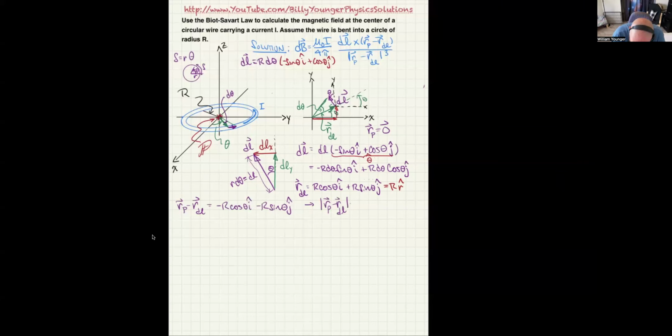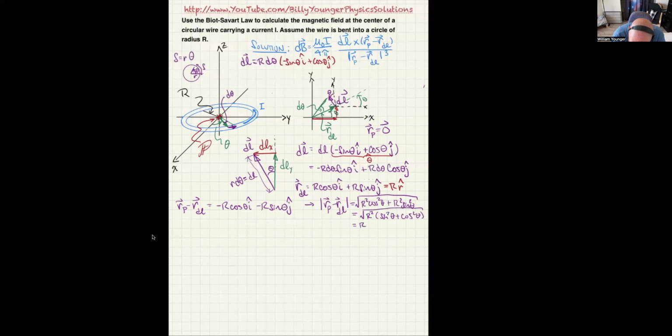So that turns out to be the square root of R squared cosine squared theta plus R squared sine squared theta, which was completely unnecessary because I already told you it should be R, but you can see that that becomes R squared times sine squared plus cosine squared, which is just 1, the one identity that virtually everybody knows.